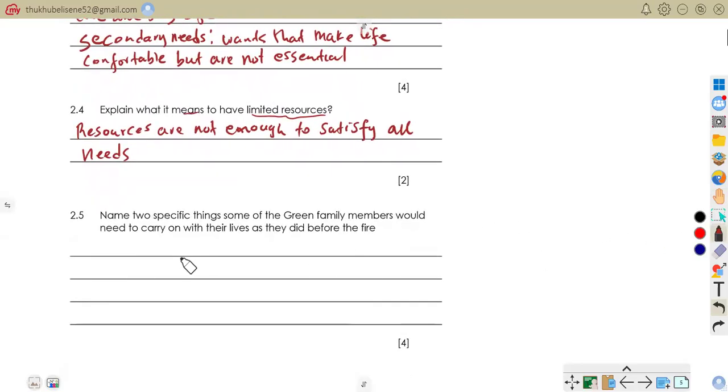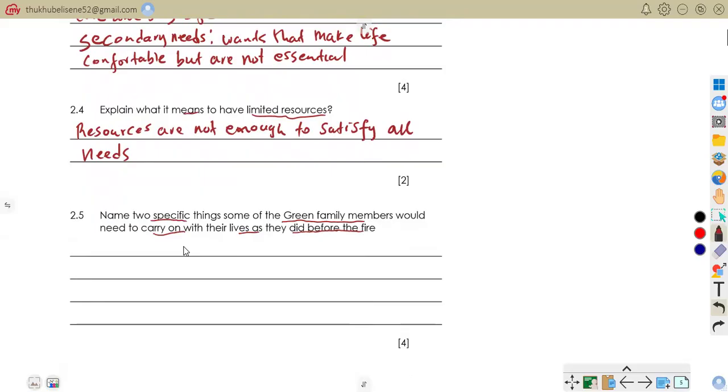2.5 says, name two specific things that some of the Green family members would need to carry on with their lives as they did before the fire.